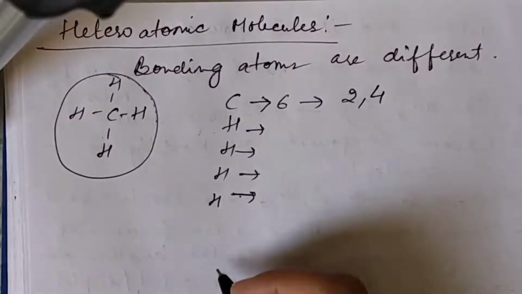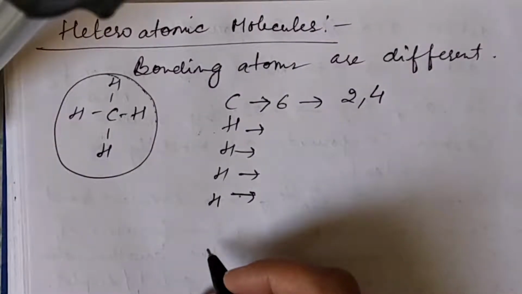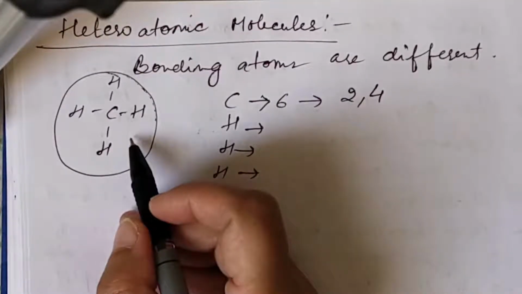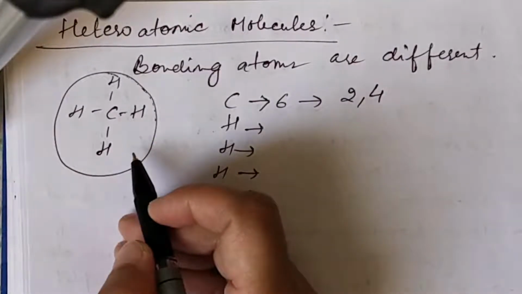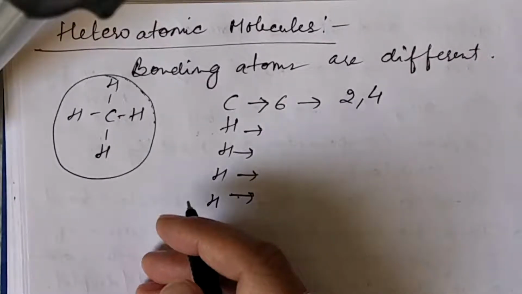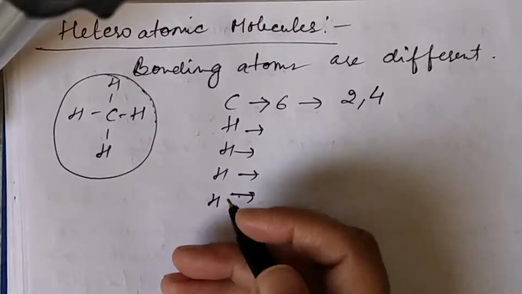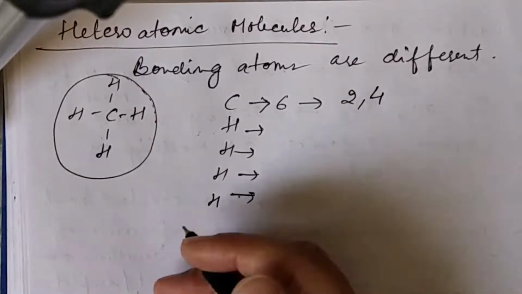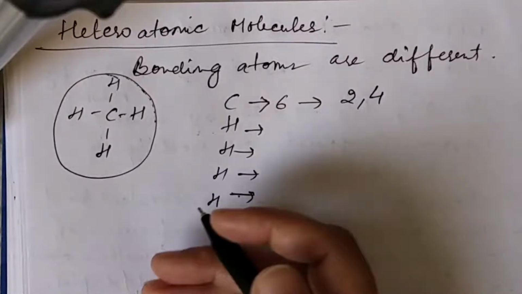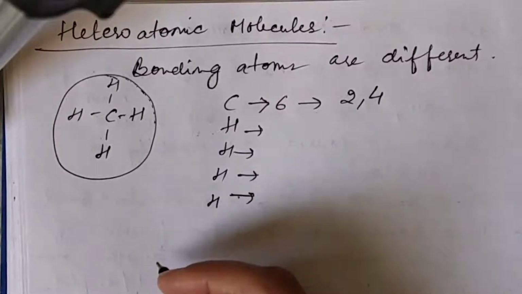Is it okay? Bonding atoms are different here, so this is a type of heteroatomic molecule. So here we have discussed the classification of molecules into two types, homoatomic and heteroatomic molecules, according to the kind of atoms that are participating in a molecule.